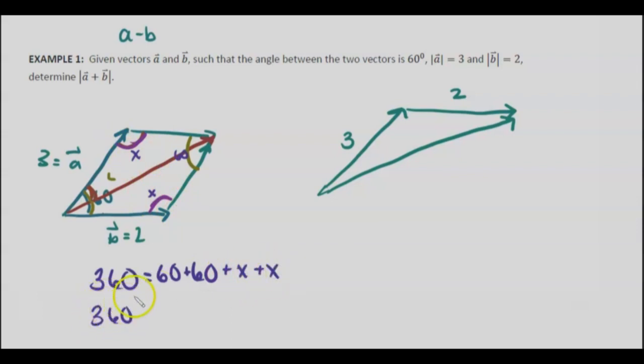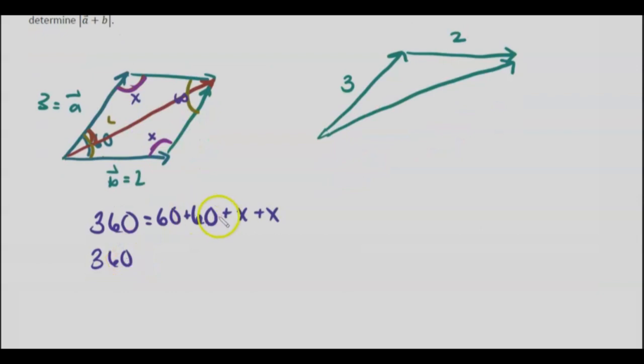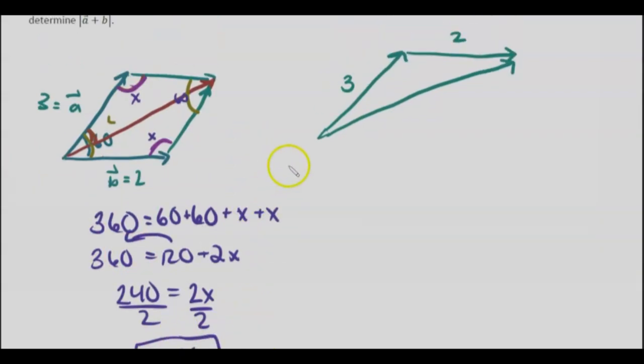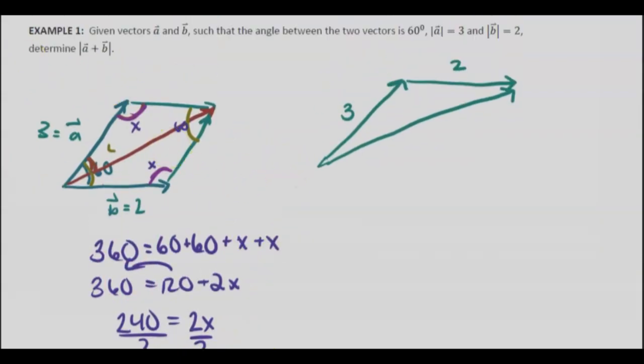So we have 360 equals 120 plus 2x. When we bring over the 120, we have 240 equals 2x. So mathematically, x equals 120. So by solving for that, we're going to have 120 here and 120 here, which is fine in the parallelogram.